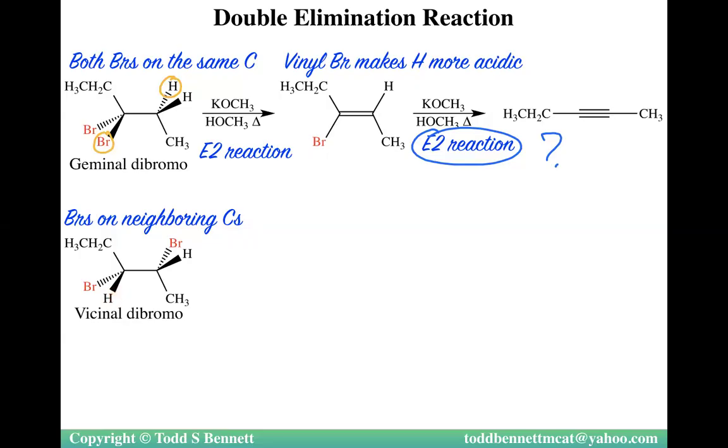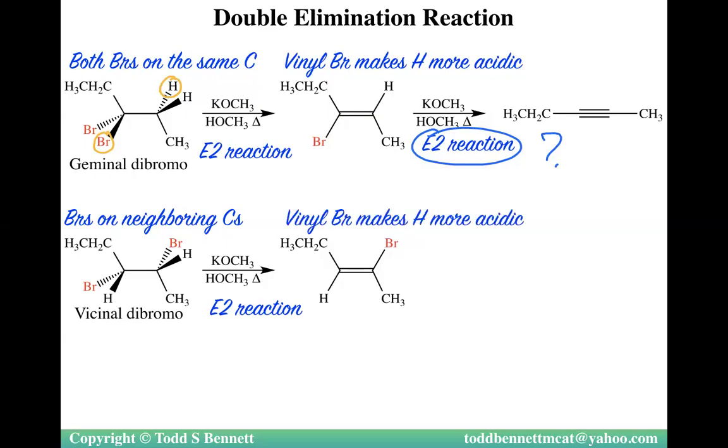So this H and this H are more acidic than H's on the terminal ends. So you're going to end up getting, once again, the double bond internally. As long as the H's and Brs are opposite one another, this H becomes your most acidic hydrogen, the one that is trans and coplanar with the Br. So we end up getting the same thing.